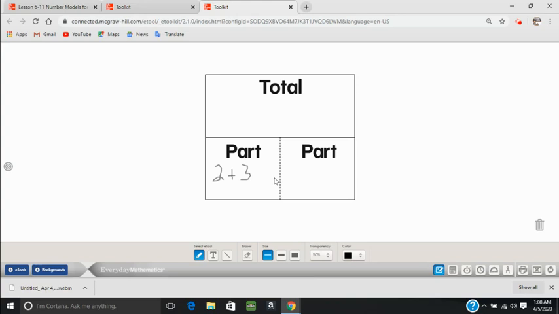The next part, we need to know how many baskets there were. Well, looking back at our problem, I know that we had 4 baskets. And then we do not know the total yet, so I could put my question mark up here. So 2 plus 3 is 5.